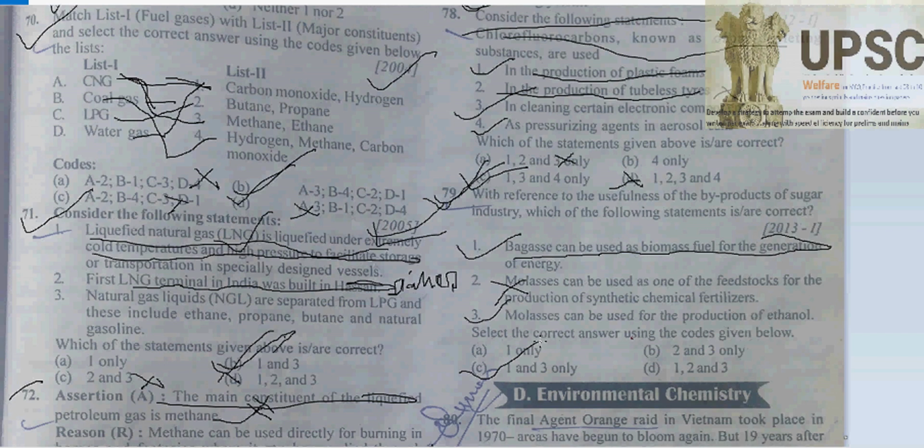But molasses is an inexpensive and readily available raw material. So molasses can't be used as a synthetic fertilizer, as molasses, as we know, contains calcium, magnesium, and iron, whereas synthetic fertilizers, as we know, comprise NPK. What is NPK? It stands for nitrogen, phosphorus, and potassium.